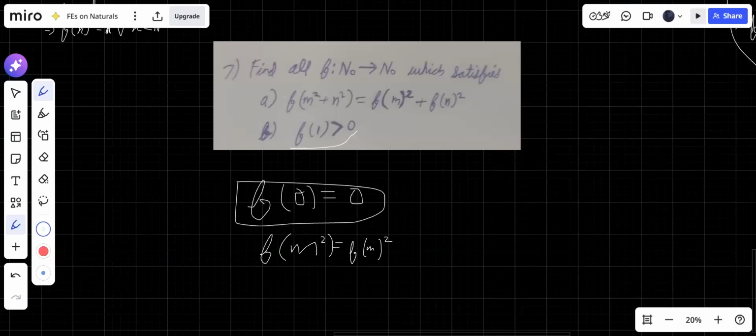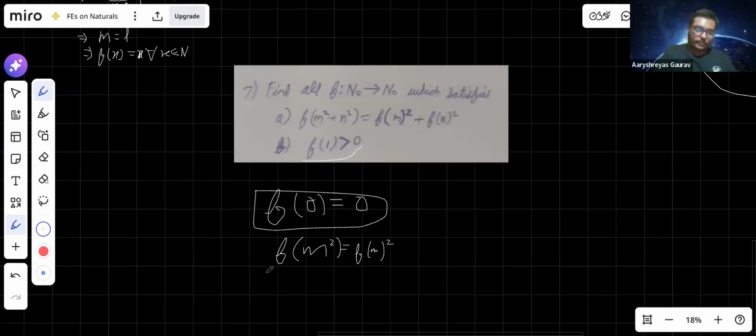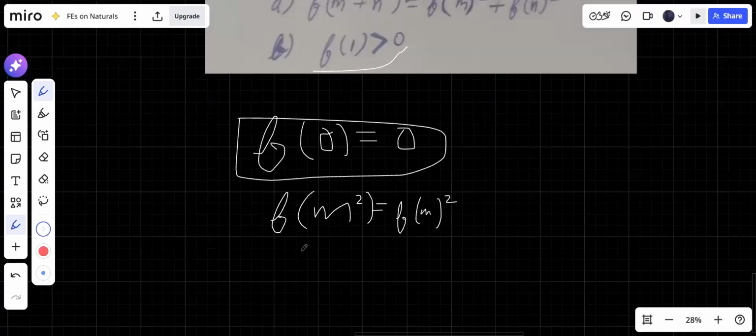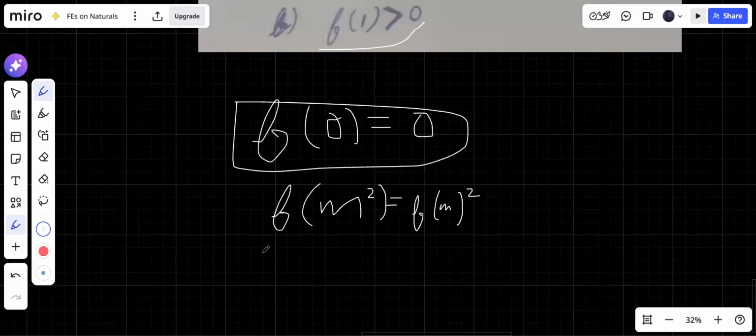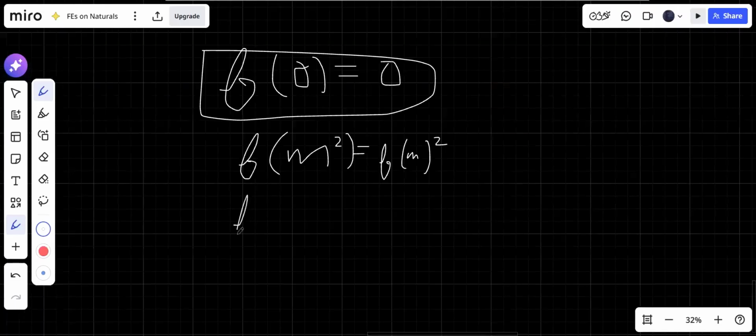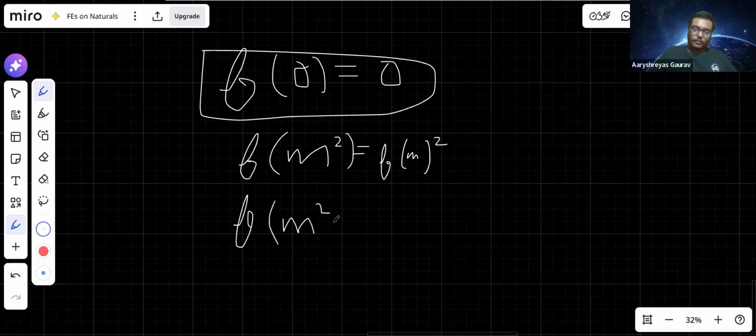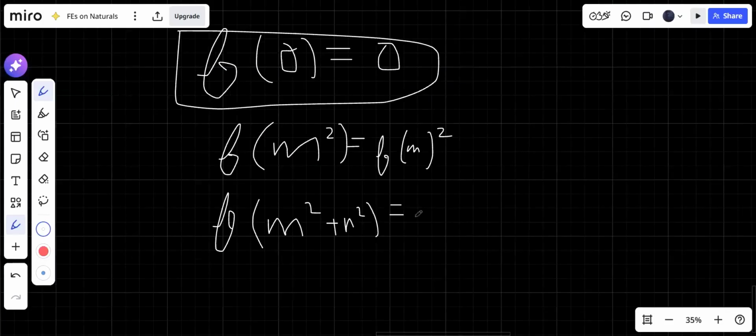So then we can write f of m squared plus n squared will be equal to f of m squared plus f of n squared. Can you repeat? We can write f of m squared plus n squared, and n squared plus m squared is equal to what? f of m squared, where m squared is the input.